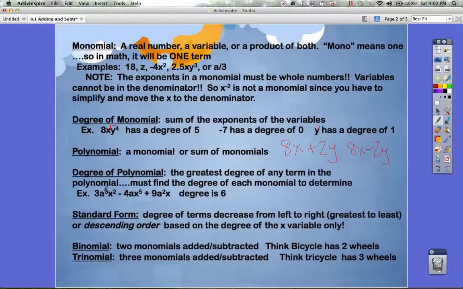So for this monomial, the degree would be 3 plus 2, which is 5. This monomial would be 1 plus 5, which is 6. This monomial would be 2 plus 1, which is 3. So the highest degree term is going to be the degree of the whole thing. So this one would be a degree of 6.